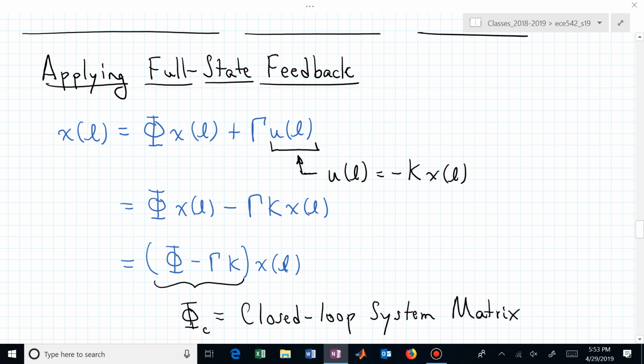In this case, we start with the open loop system of phi x plus gamma u on the right, both of those x and u at the present time instant. Those equal, and now you can see, I hope, that you need to correct my notes.